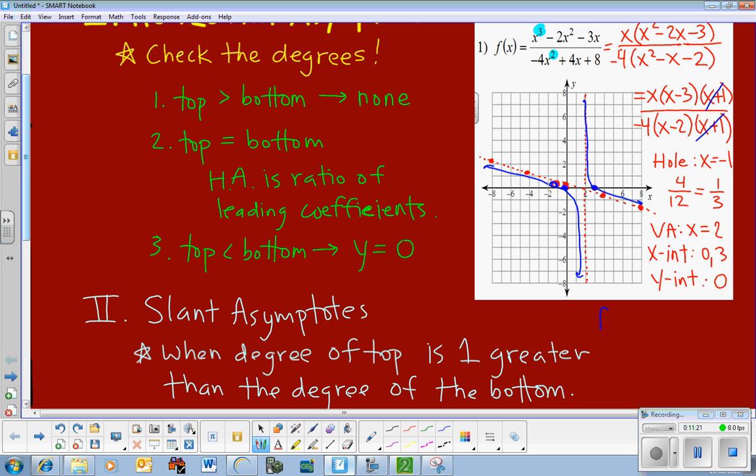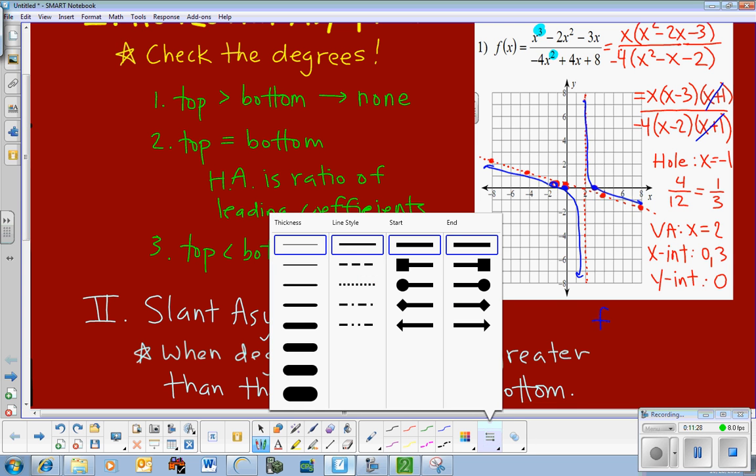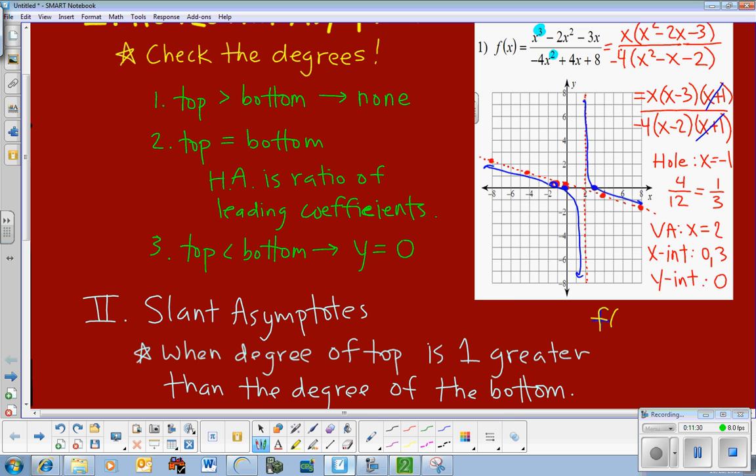If you're ever unsure whatsoever, just plug in another value. I'm going to try f of 8. You plug in 8. You can plug into the canceled version if you want. You get 8 times 5, or 40 on top. And on the bottom, you get negative 4 times 6, which is negative 24.